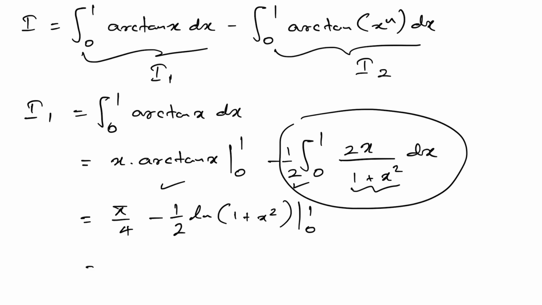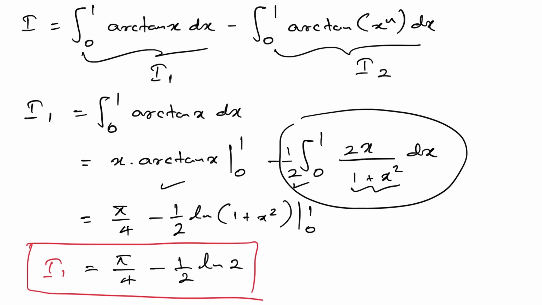So we have pi over 4 minus 1 half natural log of 2 after applying the limit. This is the answer for I1: I1 equals pi over 4 minus 1 half natural log of 2.